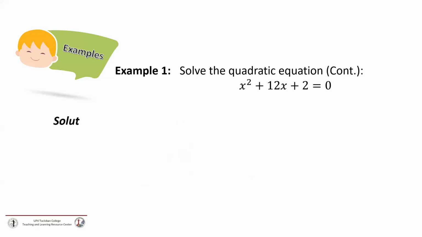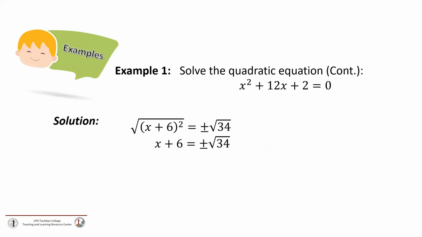And then you take the square root of both sides. That's the next step. The square root of x plus 6 squared is equal to plus or minus the square root of 34.